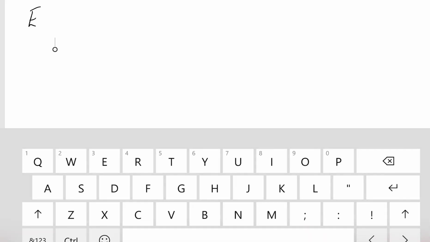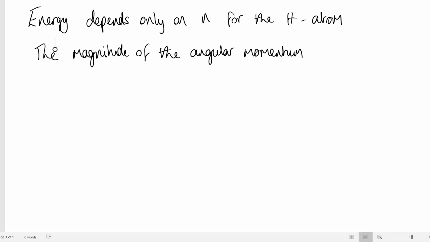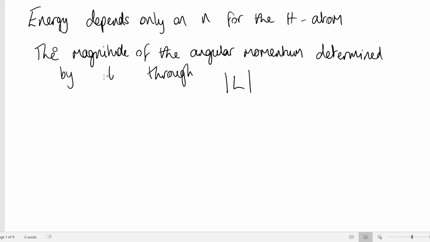So let's start by recognizing that energy depends only on n for the hydrogen atom. The magnitude of the angular momentum is determined by L. And that's our quantum number L. And it's determined through this equation.